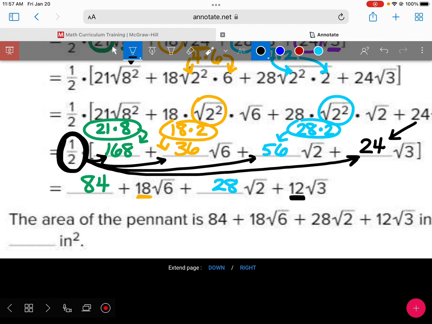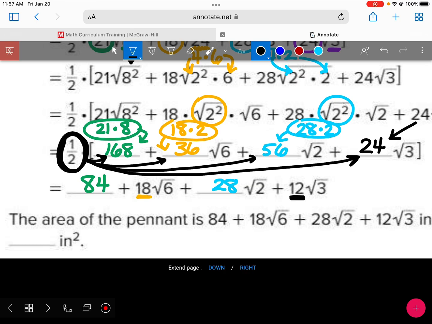I've arrowed over. What do I put in next? Plus 28 square root of 2. What do I have to remember now? Press the arrow. Plus 12 square root of 3. There we go.